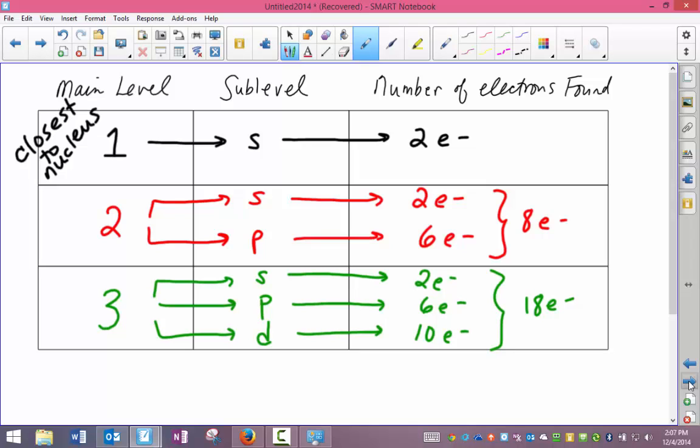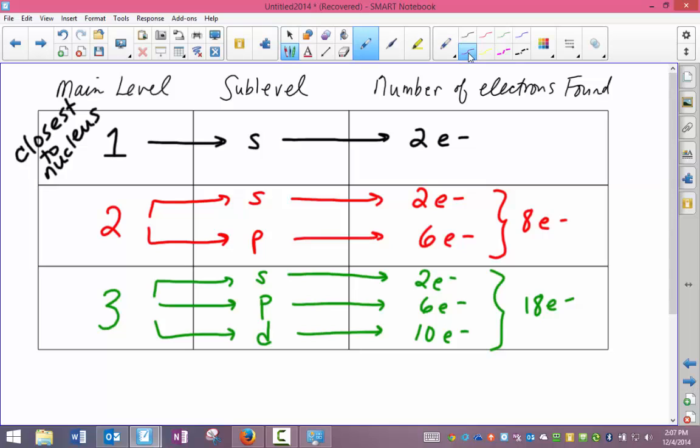What gets a little tricky is that as you keep getting further away from the nucleus, the electron clouds start to overlap each other. I'm going to give you a handout in class that'll show you how the clouds start to overlap. And I'll actually draw it right here.